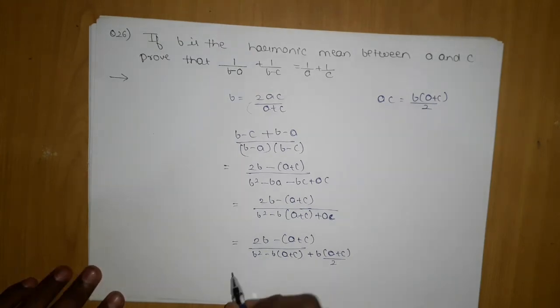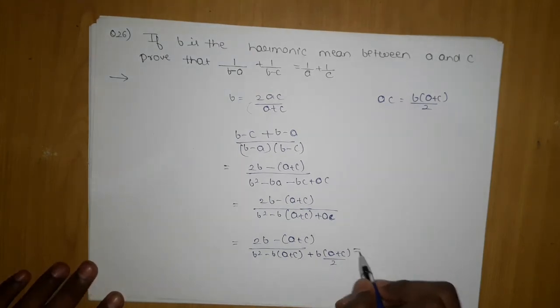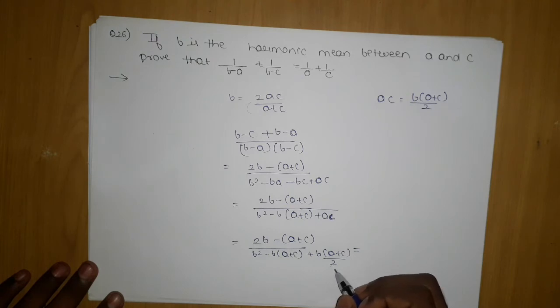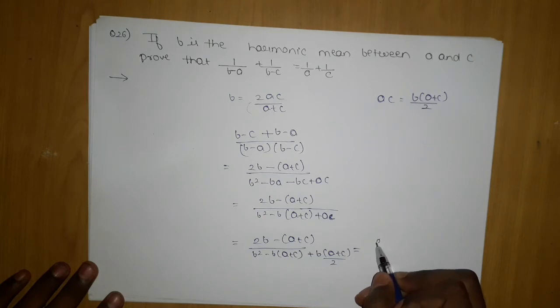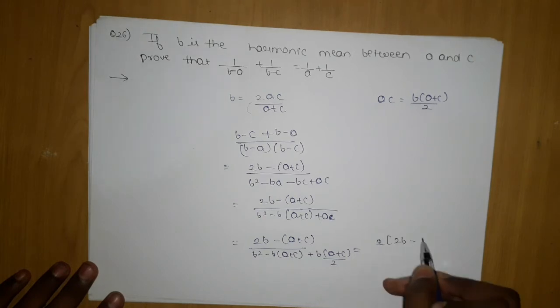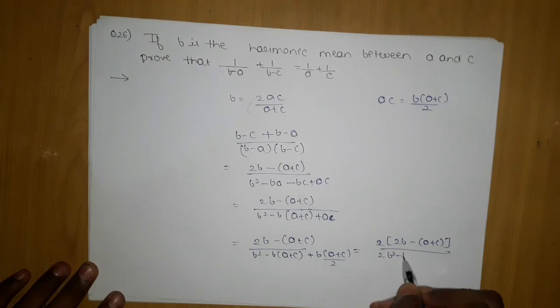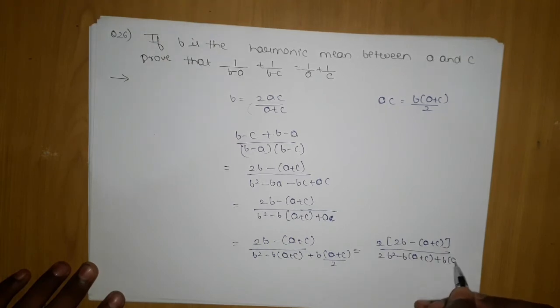So we are going to multiply throughout by 2, which will give me here 2 into (2b minus (a plus c)) upon 2b square minus b into (a plus c) plus b into (a plus c).